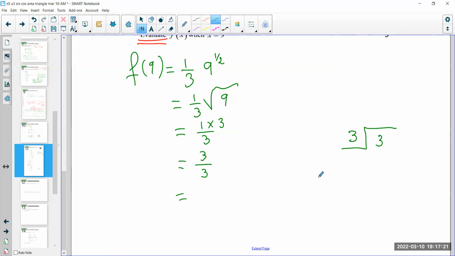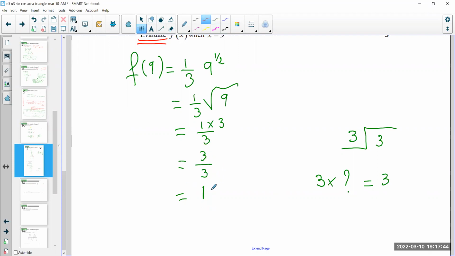Okay, I can ask you a different question. 3 times what gives me 3? It's 1, right? Okay. So anything divided by itself is always 1.